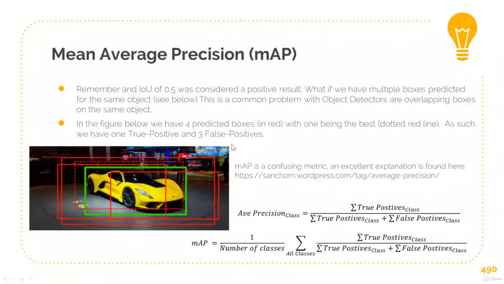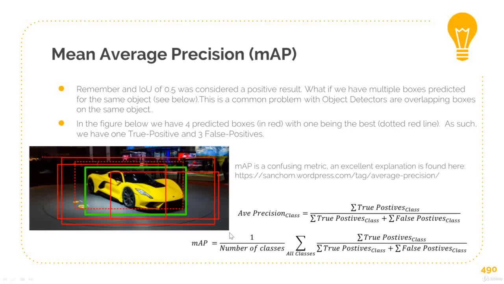But essentially what mean average precision tries to do is that it knows all the boxes the object detector proposes. And it tries to come up with a metric that defines, let's say object detector A predicted this, but object detector B predicted maybe 4 false positives and some other boxes that were probably irrelevant.